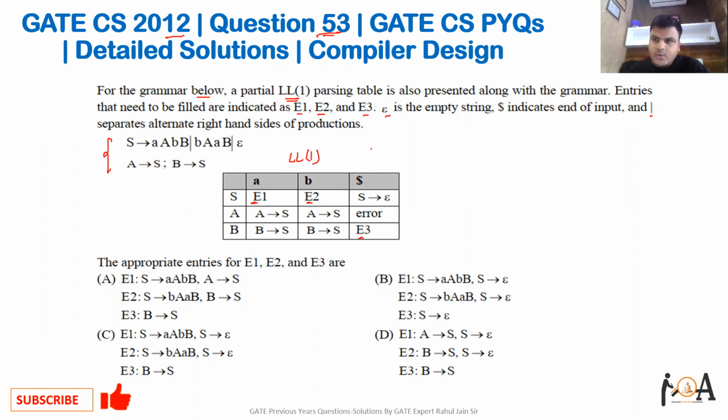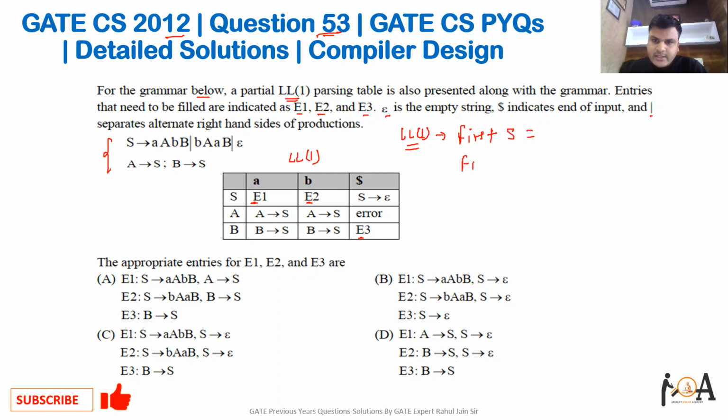In order to answer that we have the LL1 parsing table, so we need to find first and follow of our non-terminals. First of S we need to calculate.